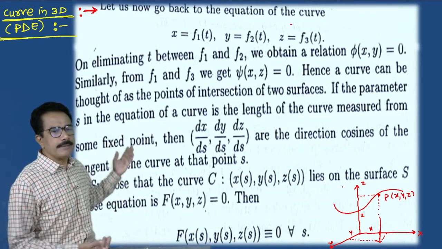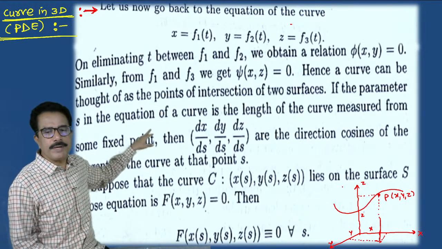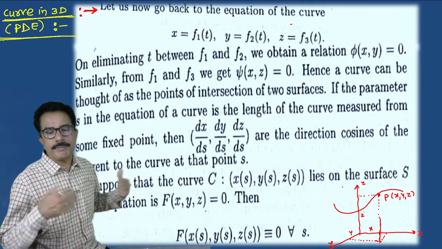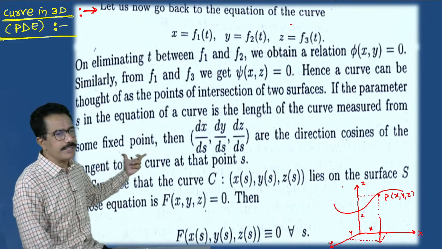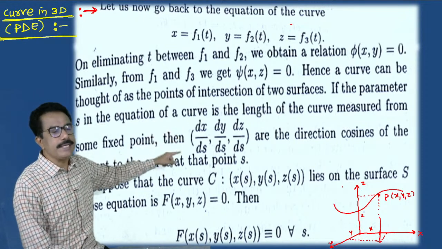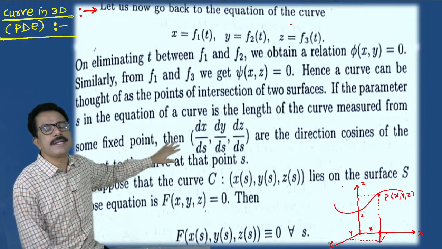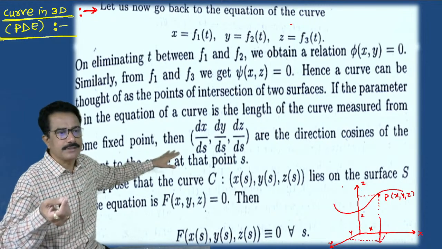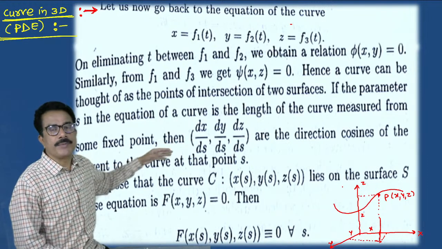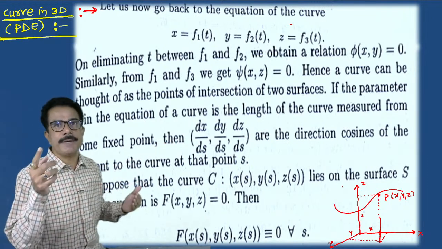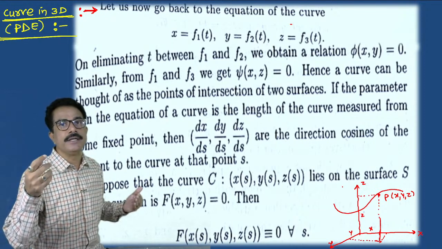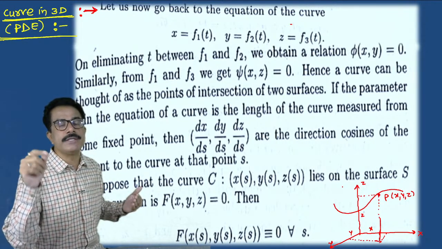Its parameter s in the equation of the curve is the length of the curve measured from some fixed point. Then it is given by dx by ds, dy by ds, dz by ds. This is the parameter in terms of length, measured from a fixed point. Yesterday we saw an example, the equation of a line in 3-dimensional geometry with a fixed point x0, y0, z0.